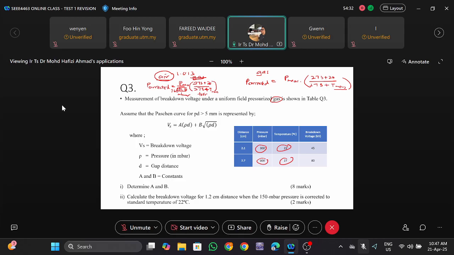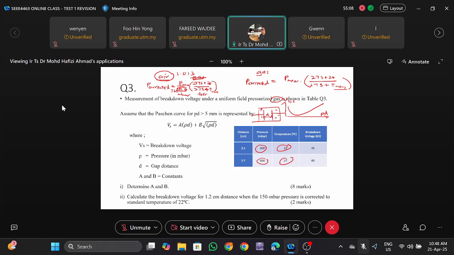Basically for the Paschen curve, we have the Paschen minimum here, and we have the lower and higher pd regions. This is the breakdown voltage. P is the pressure, D is the gap distance, because in Paschen's law we are using a uniform electric field with a gap, and we have gas inside with atoms.